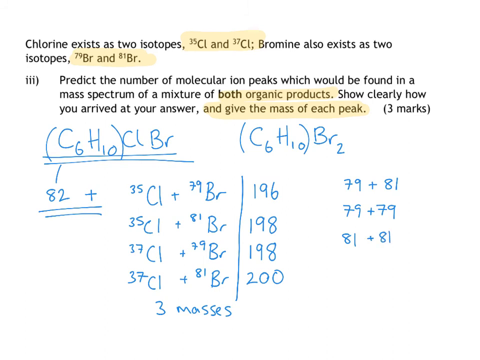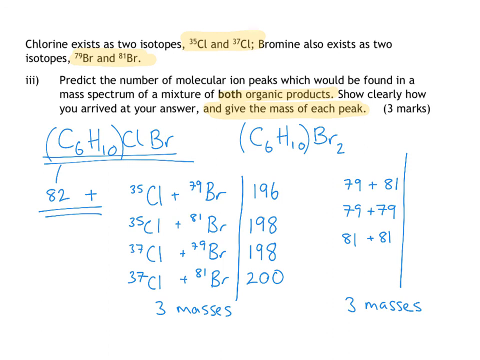So those are my 3 options of different masses of bromines joined together, and then I'm just going to add that to my 82 to work out the 3 possible masses. So already I can see that there are also 3 possible masses for the one that has 2 bromines. And all the molecular masses are going to be just like the other ones.